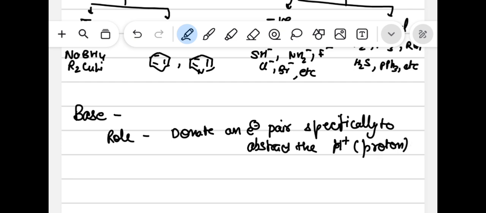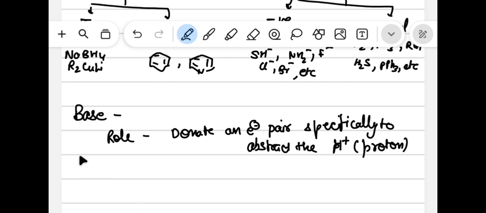As we know, a base just attacks the acidic hydrogen to abstract that hydrogen from the organic compound. So there is a slight difference between a nucleophile and a base. That is, nucleophilicity is about attacking the carbon, whereas basicity is about attacking the hydrogen.